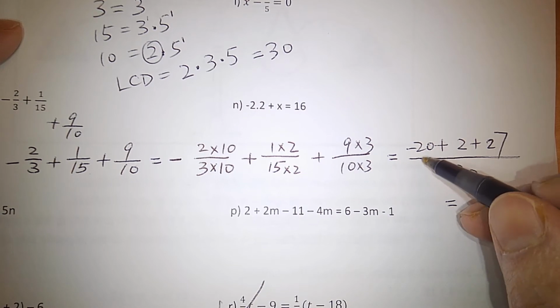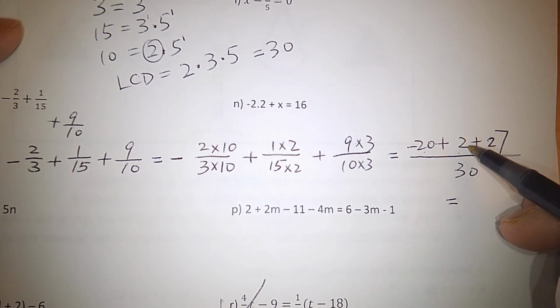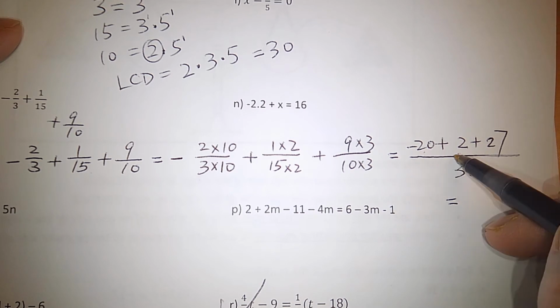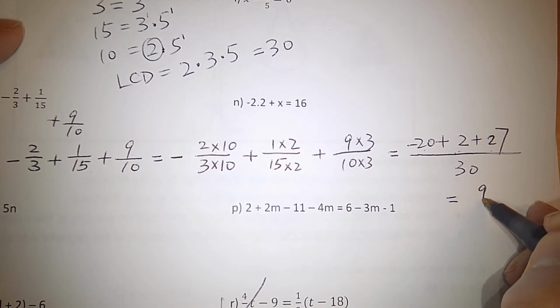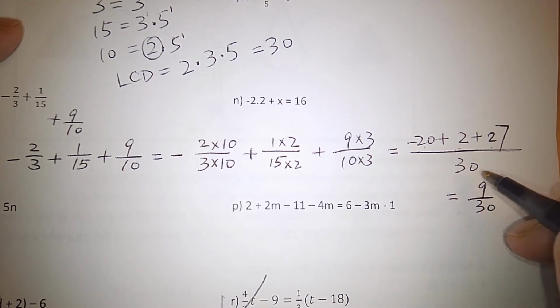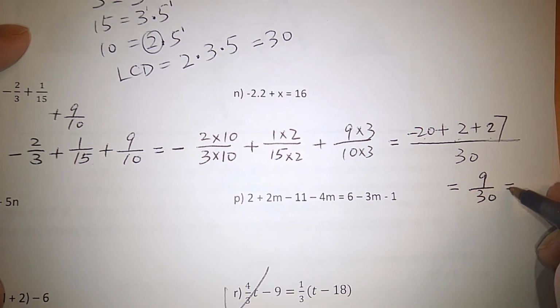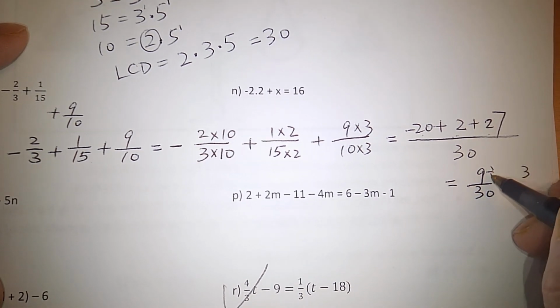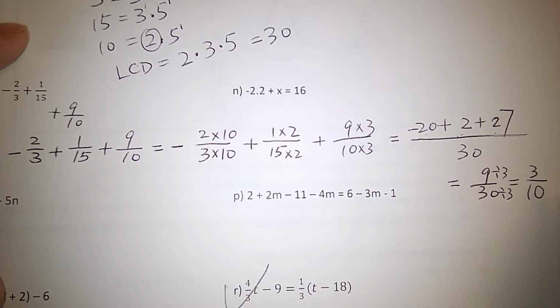Eventually this equals, going from left to right, negative 20 plus 2 is negative 18, plus 27 is 9, right? So 9 out of 30. Is this answer in the lowest terms? Common factor 3. Divide by 3, which gives us 3 out of 10.